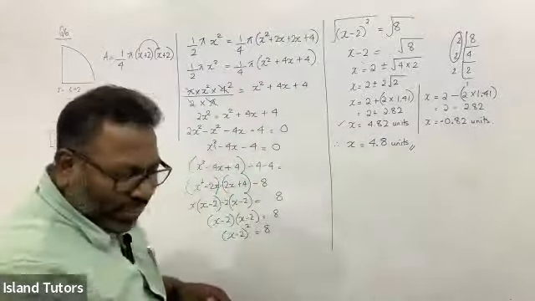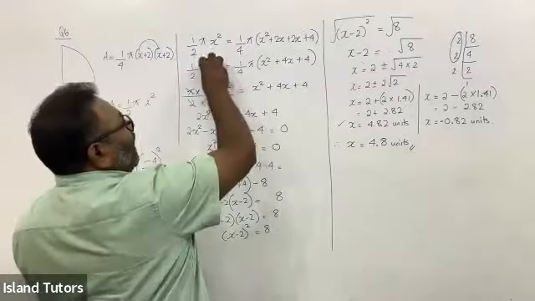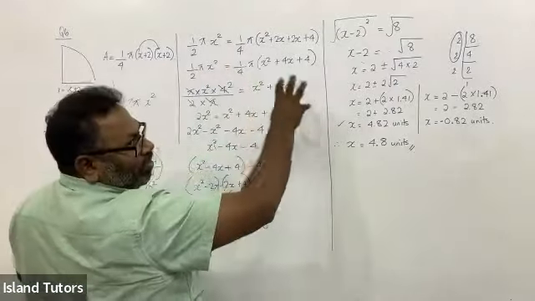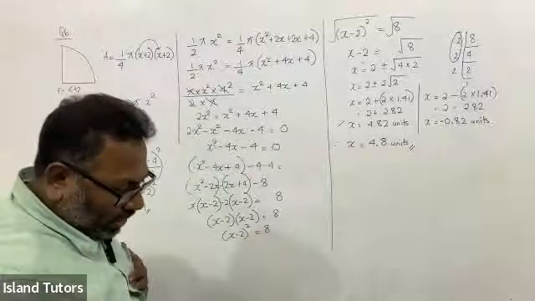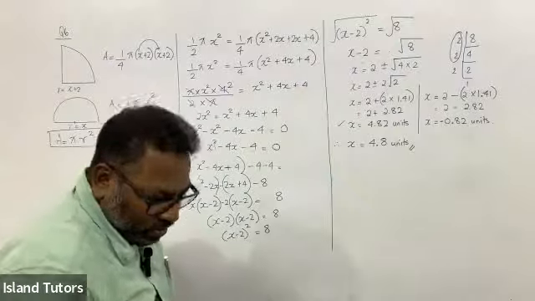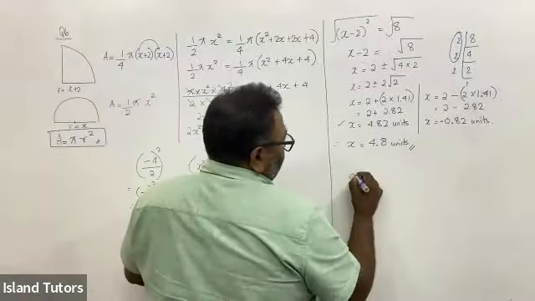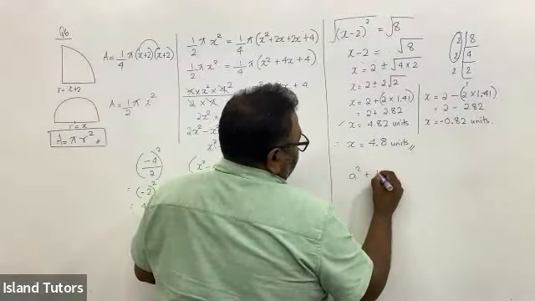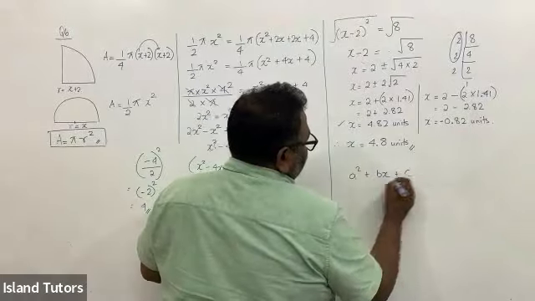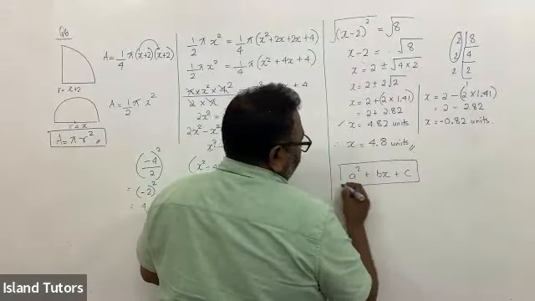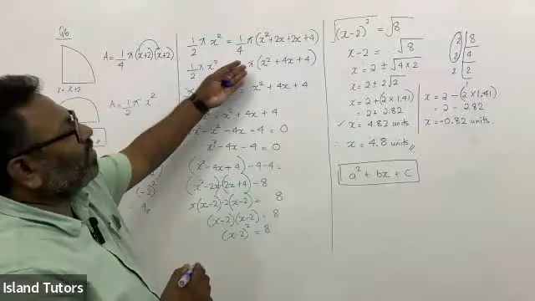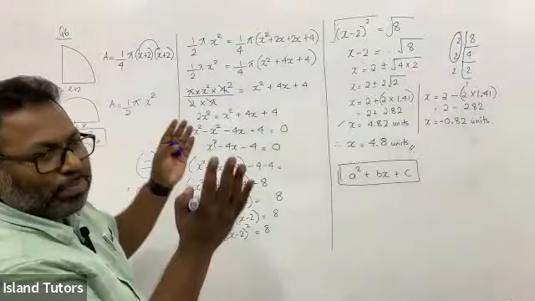So what is a quadratic equation? X squared plus a value plus a constant, no? Isn't it? What is a quadratic equation? ax squared plus bx plus c. So we want to write it in this form. So look at this. We don't have that form, right? So we want to simplify it.